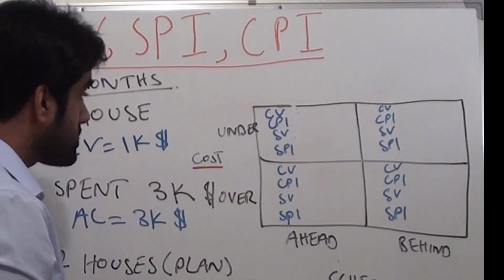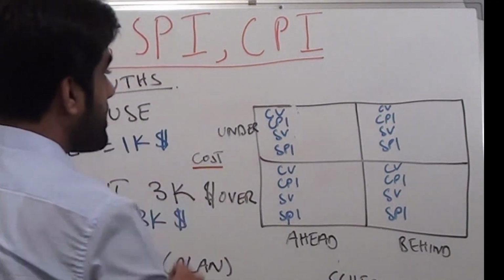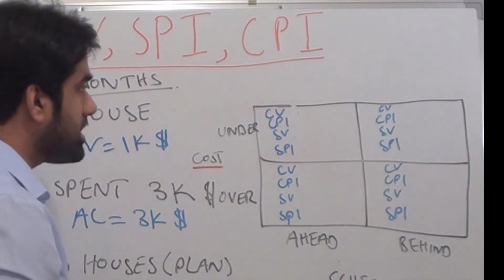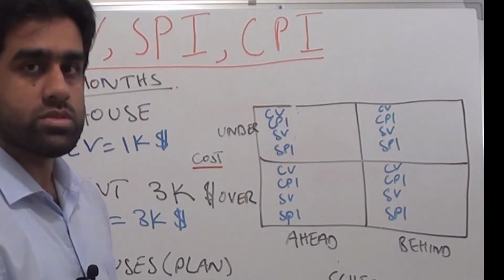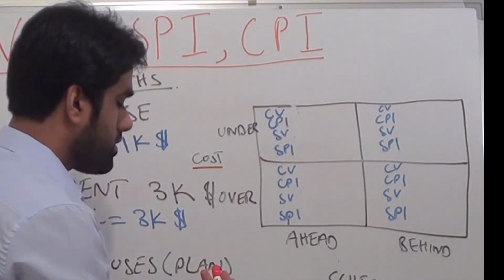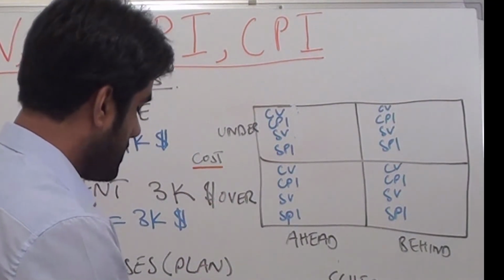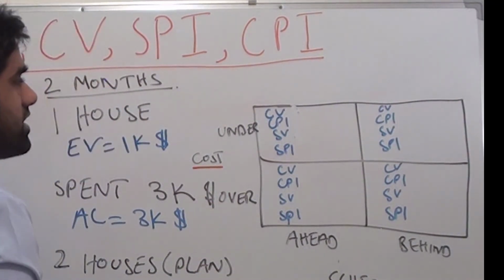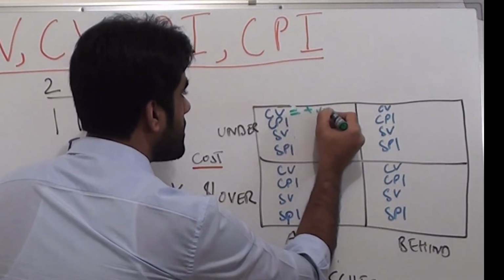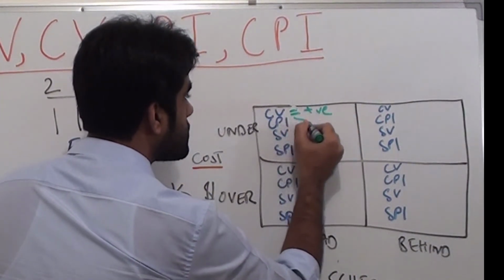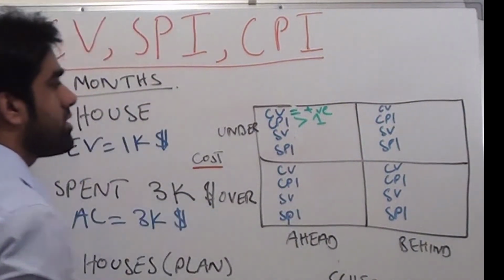This box shows that we are under budget. Under budget means we are doing good in terms of cost. So cost variance will be positive and cost performance index will be greater than 1.